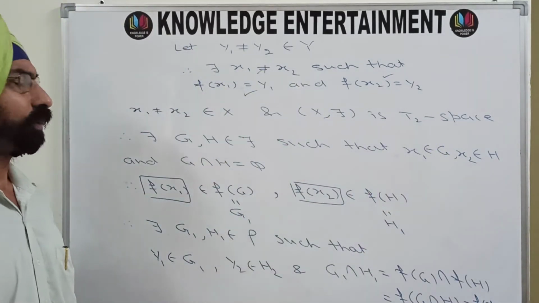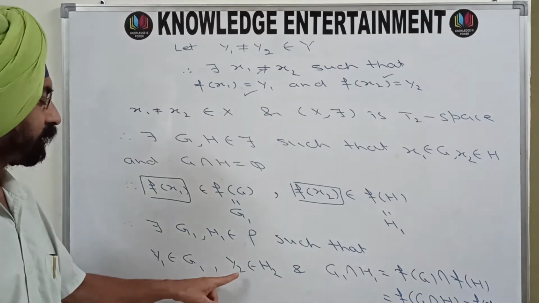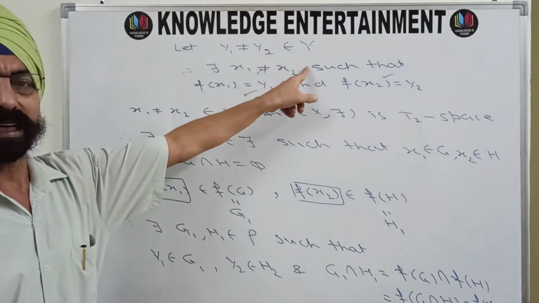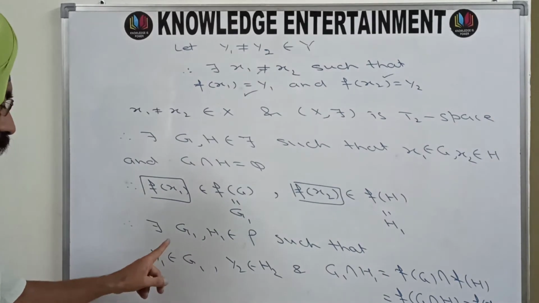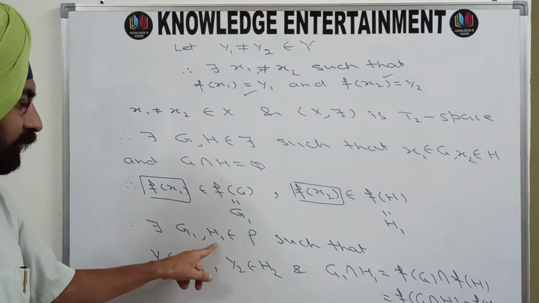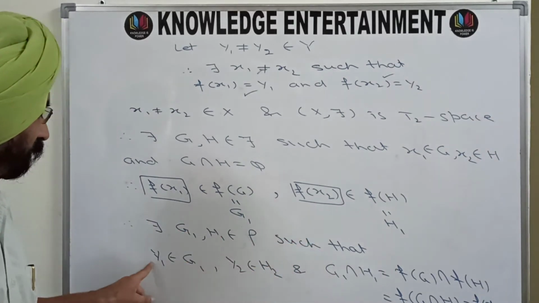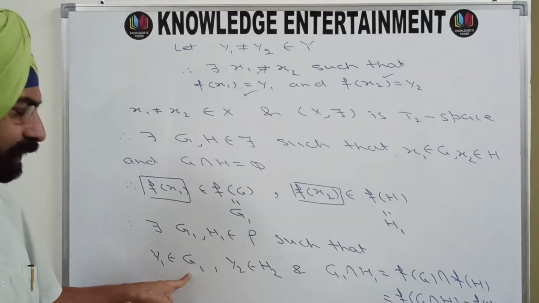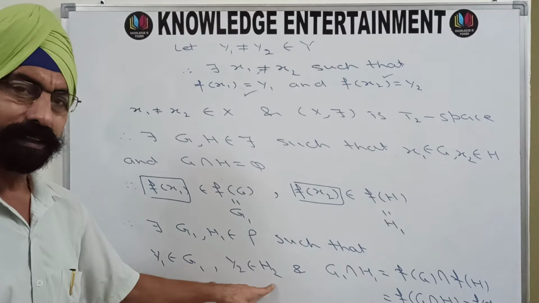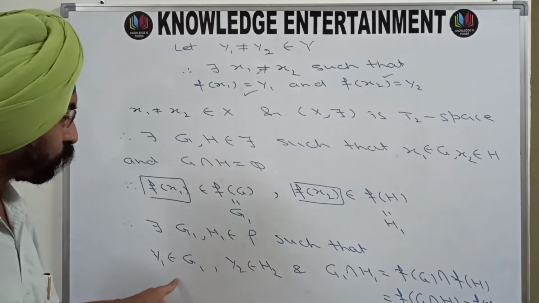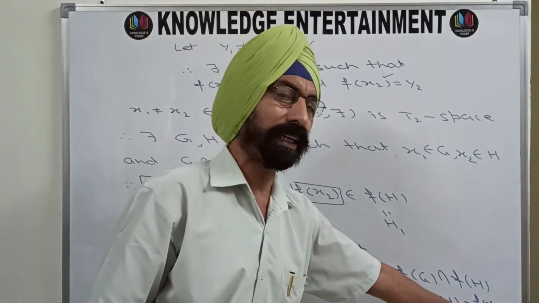So what we have proved, we have taken two distinct points y1 and y2 from Y, and we have obtained two open sets G1 and H1 in the topology of Y, that means rho, such that y1 belongs to one of the open sets, y2 belongs to the other, and the intersection of these two open sets G1 and H1 is phi.